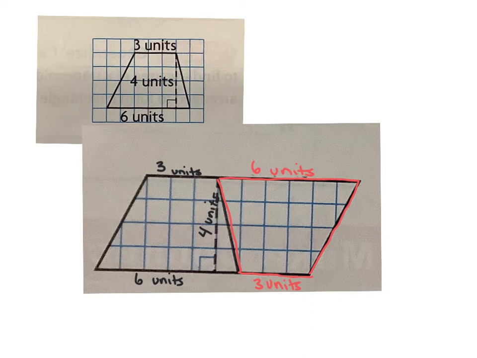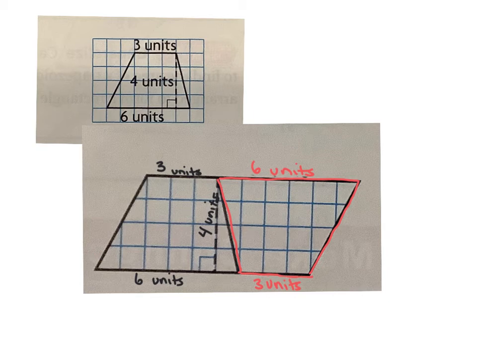Let's say I traced that onto a piece of paper and cut it out so that I have a duplicate of it, and I place it side by side but upside down with this trapezoid. It would end up looking like this. So this one is the original, and this is the cutout one that I have flipped on its head and put right next to it. And have a look at that. That shape now is a parallelogram. Parallel lines, four-sided.